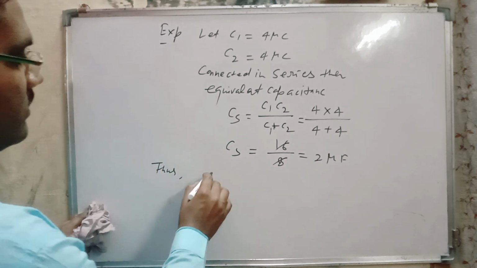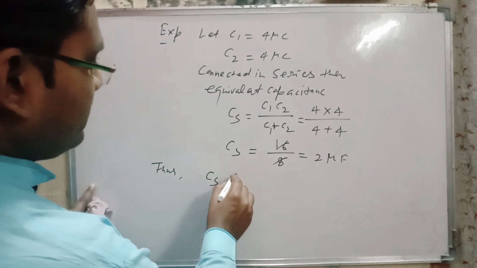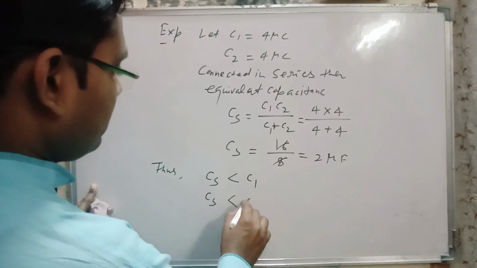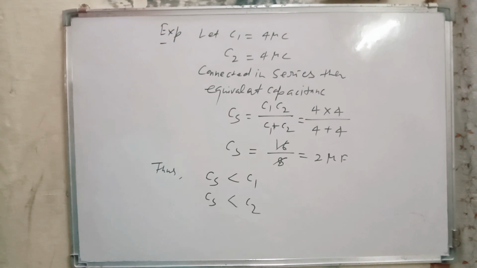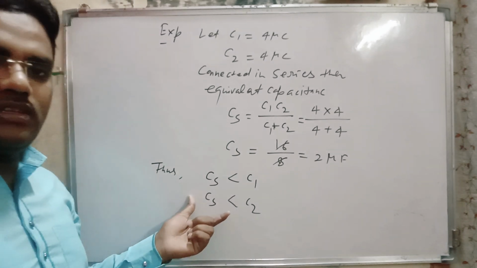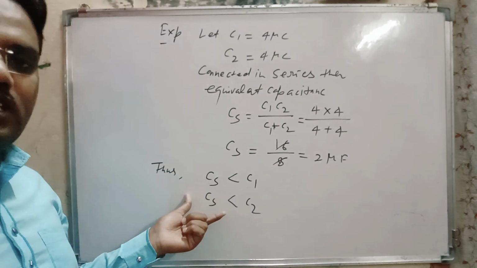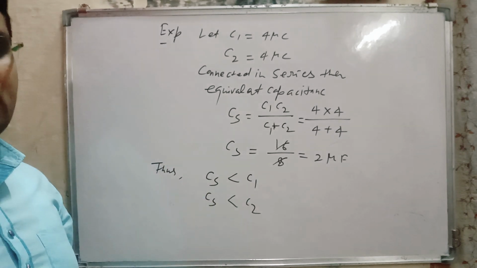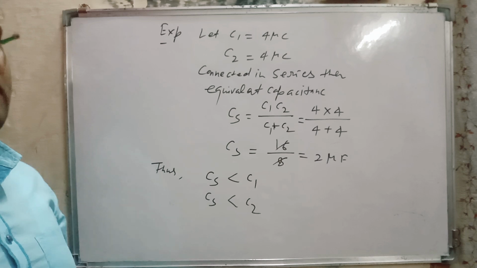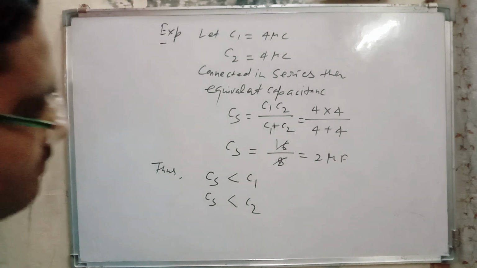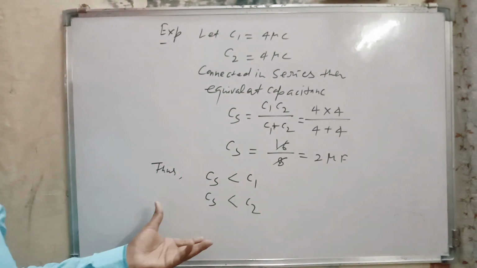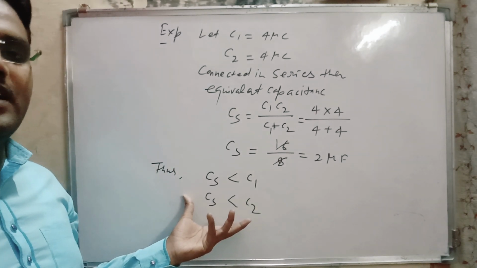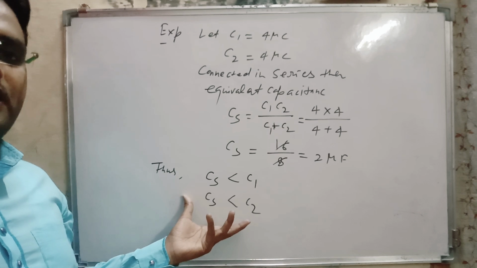Thus Cs is less than C1 and Cs is less than C2. That means in series combination, equivalent capacitance is always less than the capacitance of each capacitor connected in series. To get a low capacitance, we connect capacitors in series combination.